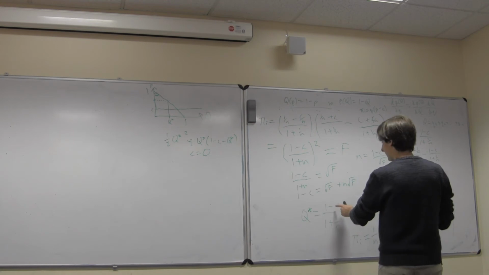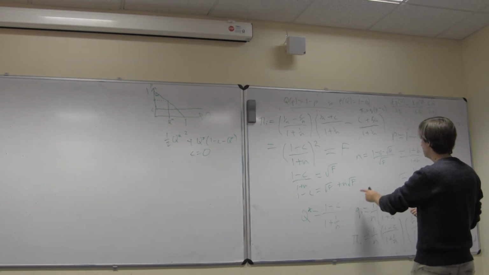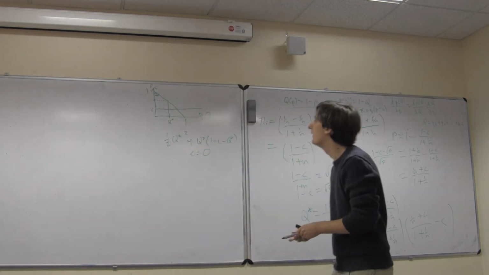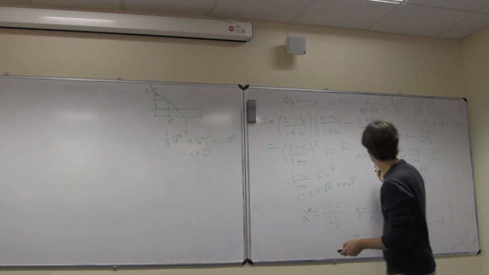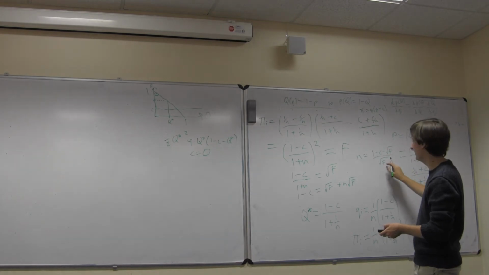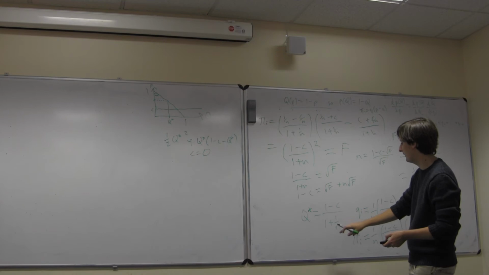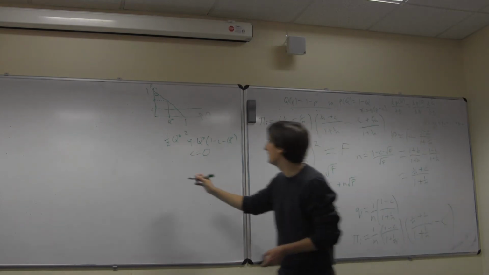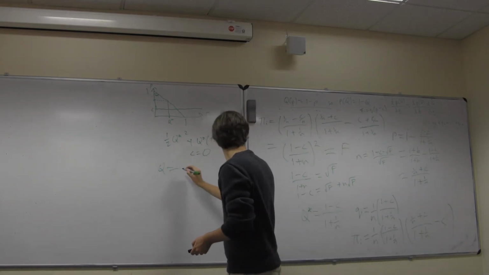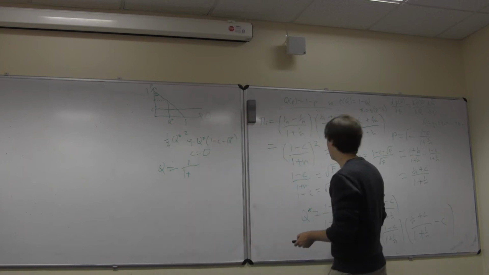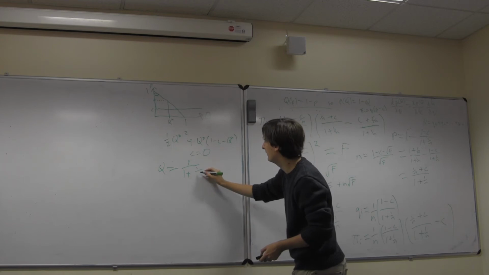So Q star is 1 over 1 plus 1 over n. N, is that what I had before? Okay, so n is going to be 1 minus root f over root f. So look, Q is 1 over 1 plus 1 over n.